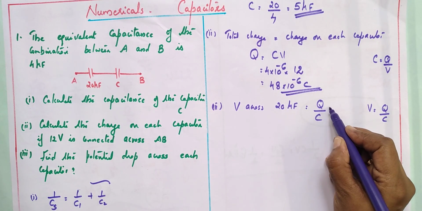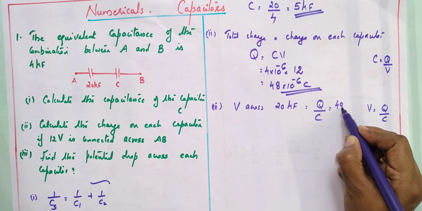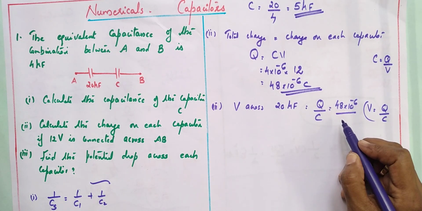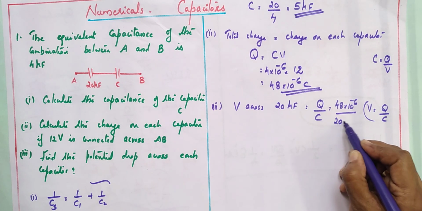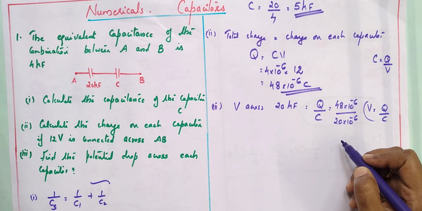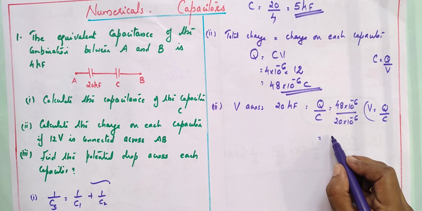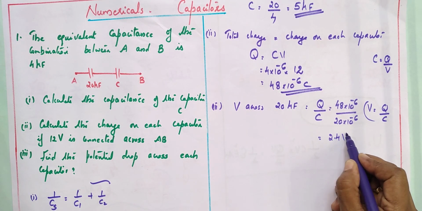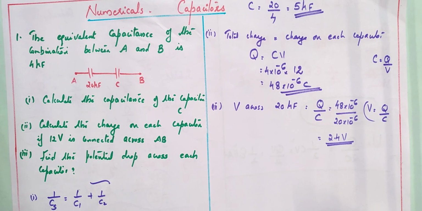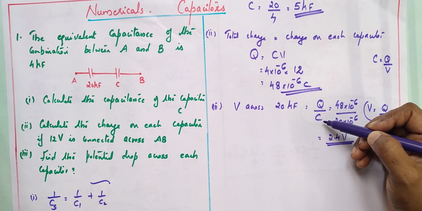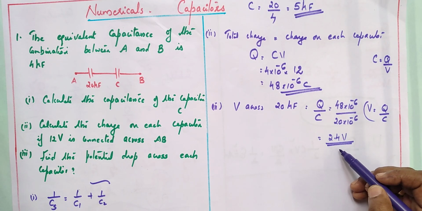Its charge is 48 into 10 raised to minus 6, and its capacitance is 20 into 10 raised to minus 6. So 48 divided by 20, after simplification, you get 2.4 volt.